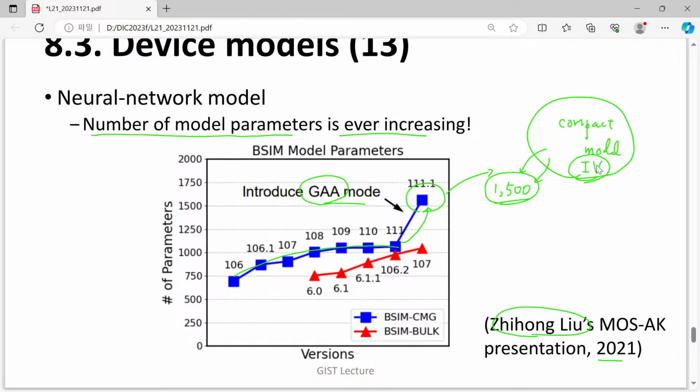So if you have a new transistor and want to fit the entire new technology, it takes several months. Can you wait several months to get a model when you already have the transistor? That is really a big problem.